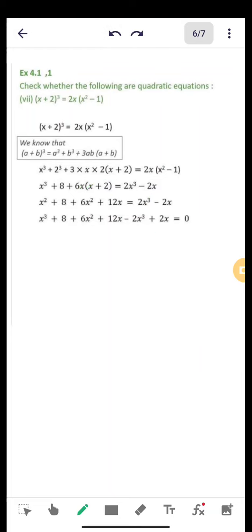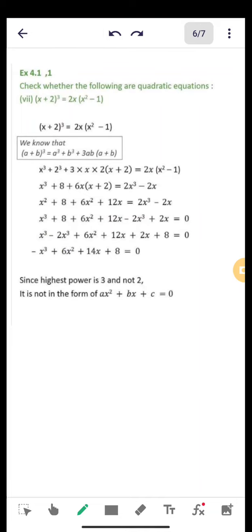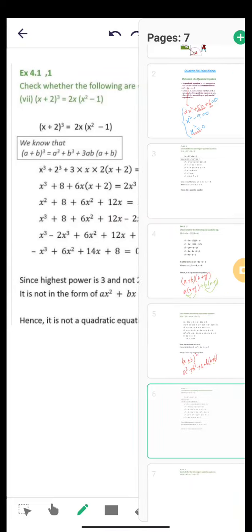Now simplifying further, rearranging the like terms: x³ − 2x³, 6x² is written as it is, 12 + 2 is 14, and this is + 8. x³ − 2x³ is −x³. So we are getting a cube term at the end. So the degree of this polynomial is 3. Hence, this is not a quadratic polynomial.